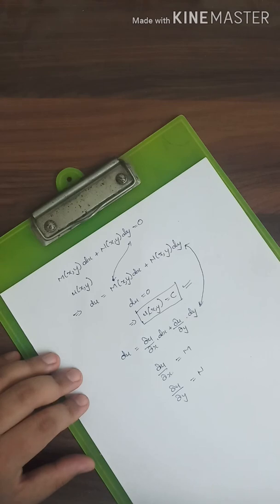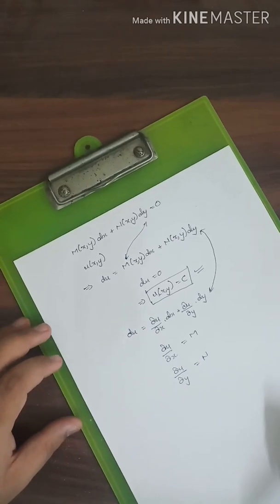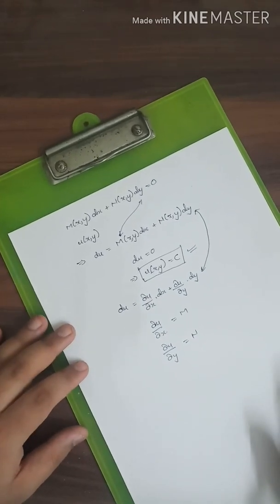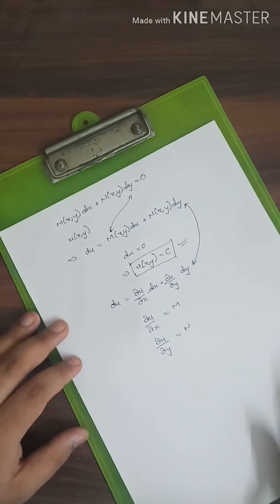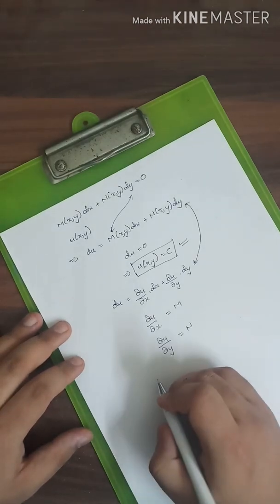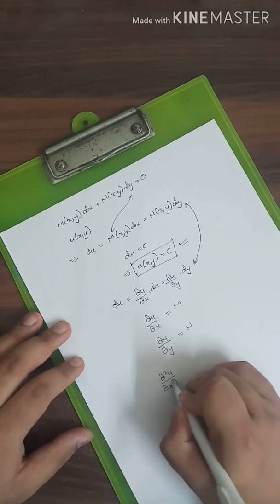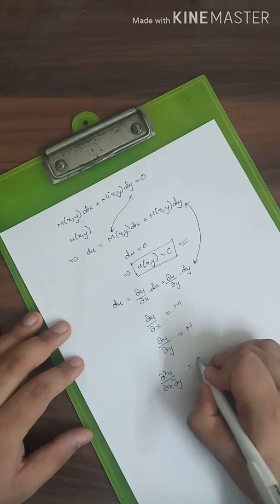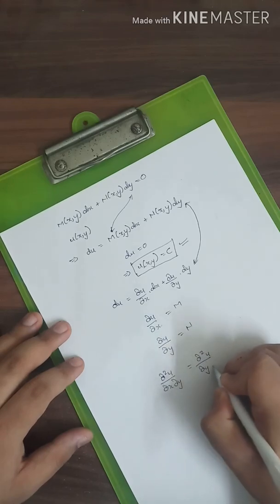And as we know, by the equality of mixed partial derivatives, also known as Young's theorem and also known as Clairaut's theorem, if I'm pronouncing it right, I'm pretty sure I'm not, partial squared u by partial x partial y is equal to partial squared u by partial y partial x.